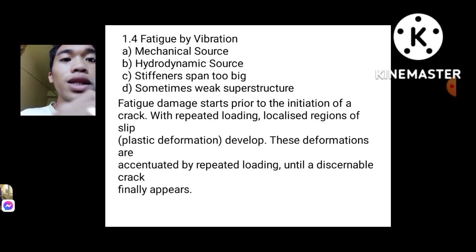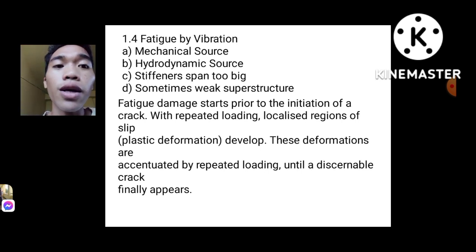Fatigue damage starts prior to the initiation of a crack. When repeated loading occurs, localized plastic deformation develops. These deformations are accentuated by repeated loading until a discernible crack finally appears.